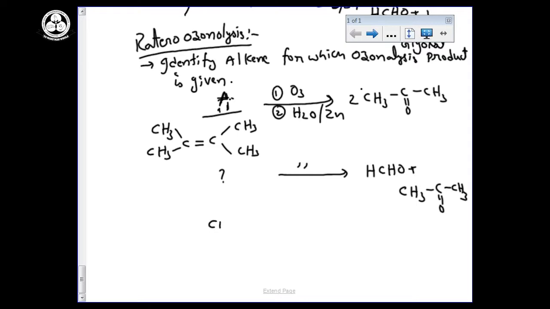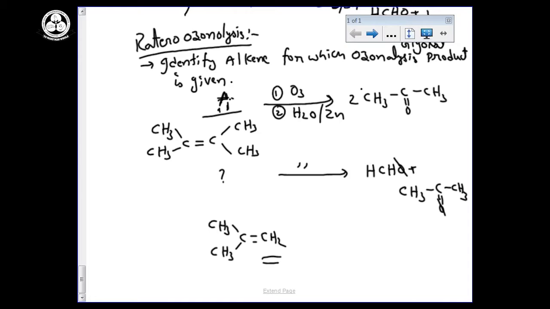I am taking the ketone, CH3, C double bond CH3. Don't write O. Instead of that O you can remove. O you can remove in both cases. Remaining just you can join. That is our required alkene. This is called retro-ozonolysis.